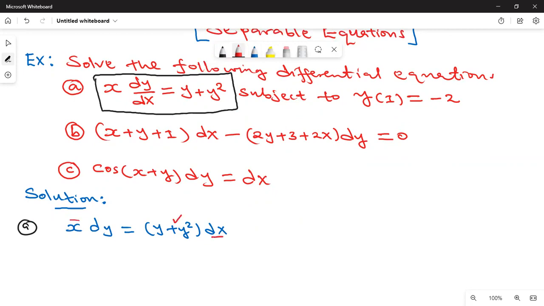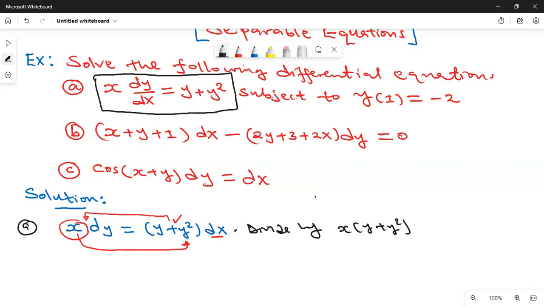So I'm going to divide the equation by x, and also take the y plus y squared to the left-hand side. So that means I'm going to divide by x times (y plus y squared).